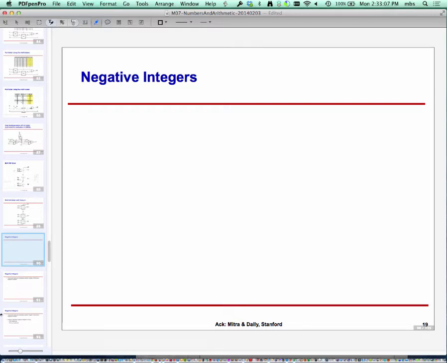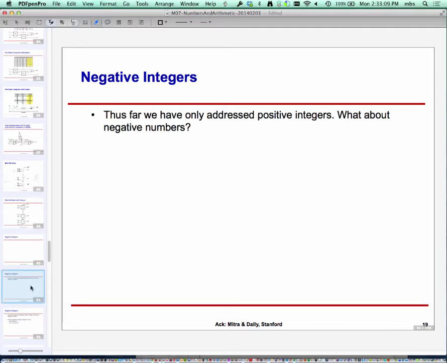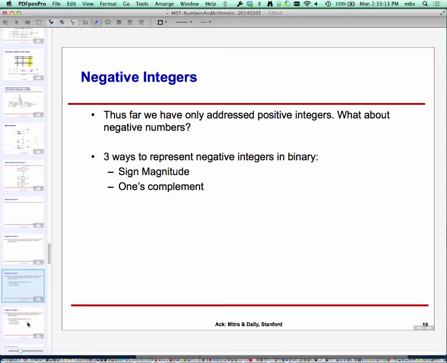So negative integers. There are many ways you could represent negative integers, and some of them come from intuition. For example, one thing we can say is that I'm going to represent the value of the number the way we think about binary numbers, and then I will have an extra bit to represent the sign. Let's take the number 10.